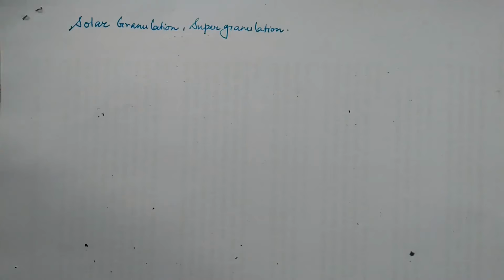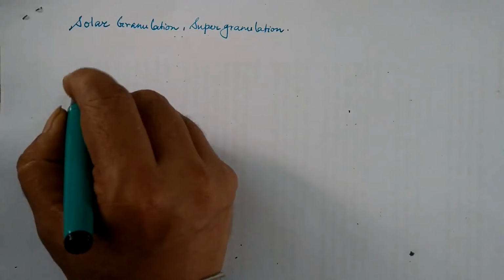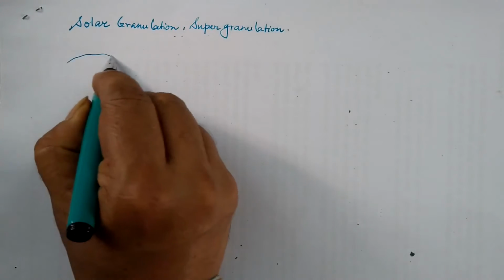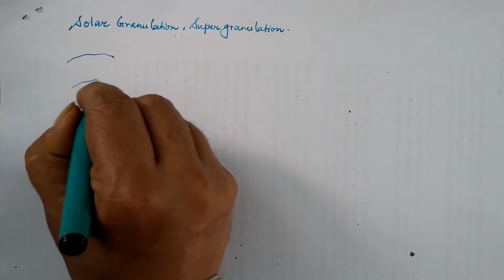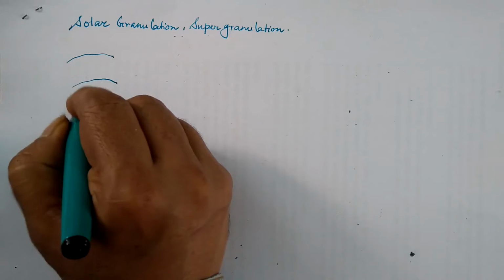So what happens is that within the envelope of the sun, within the photosphere envelope, the radiative energy gets transported from the inner side.